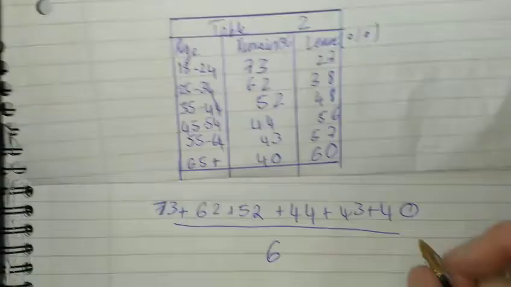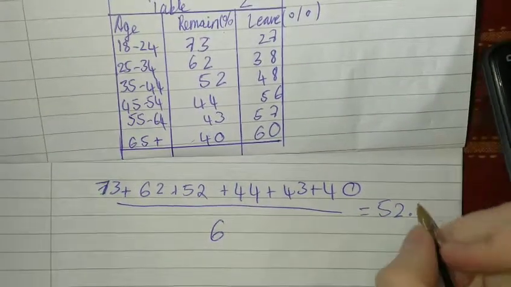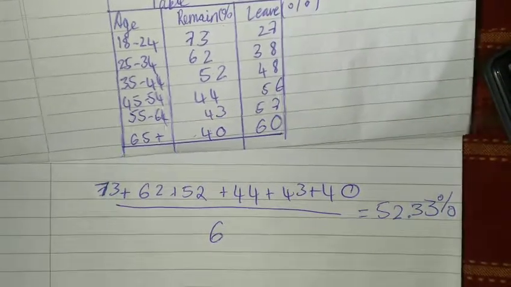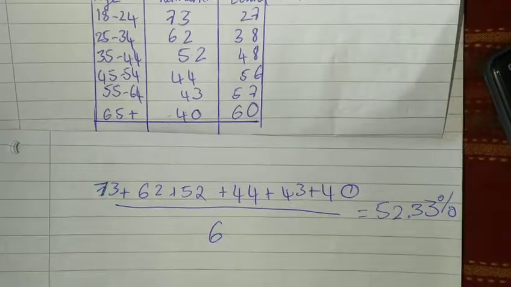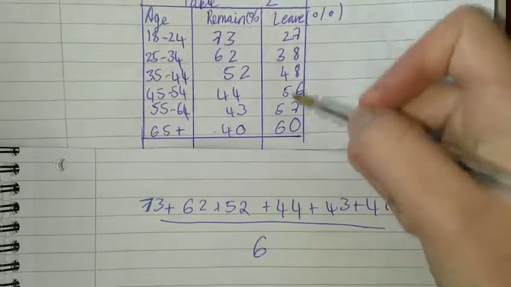So we get a mean of 52.33%. And then for the leave, you have to add up all these values.